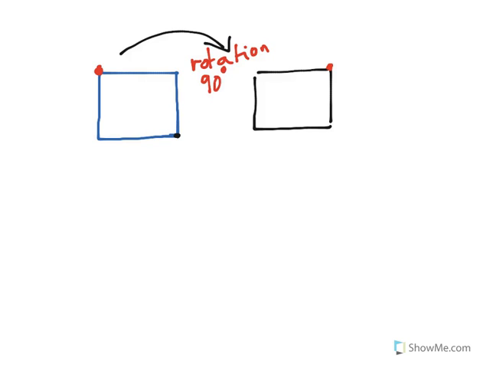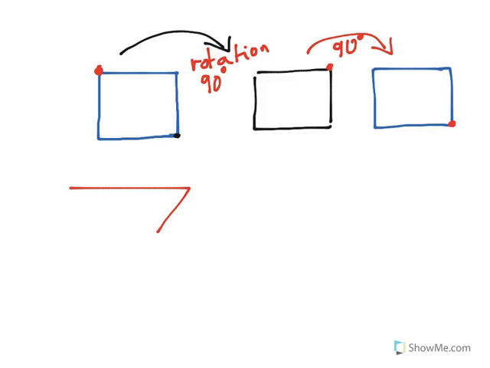I could then rotate this square again, one more 90 degrees. I'd still have a square, but the red dot would now be down here. It's like I'm flipping the square over again. So we've got these different points of rotation. 90 degrees, and then I did another 90-degree rotation.